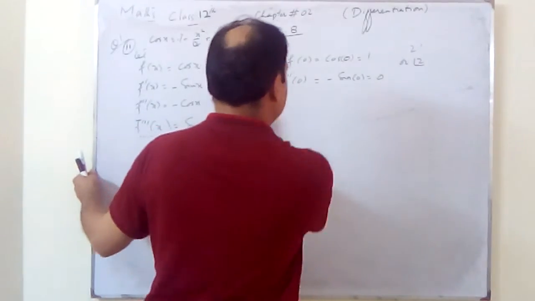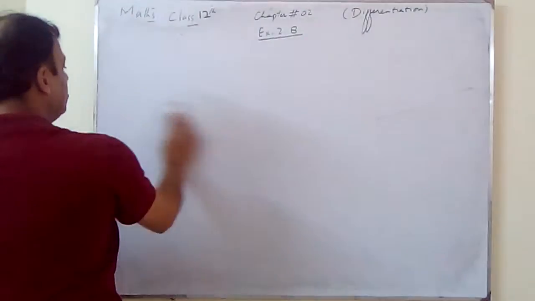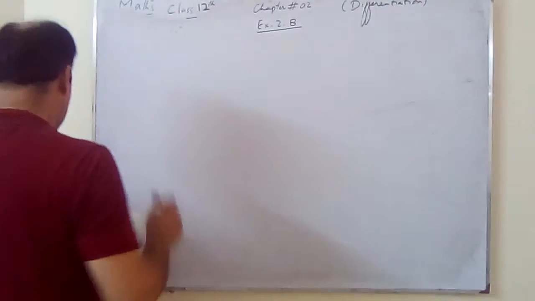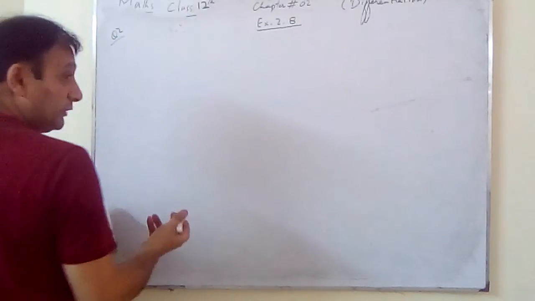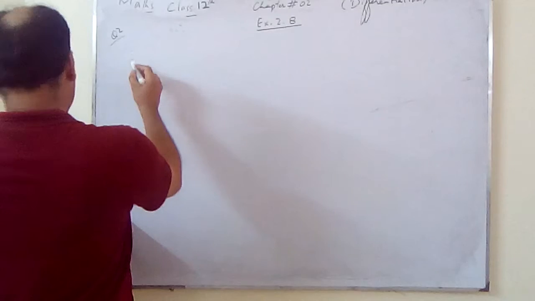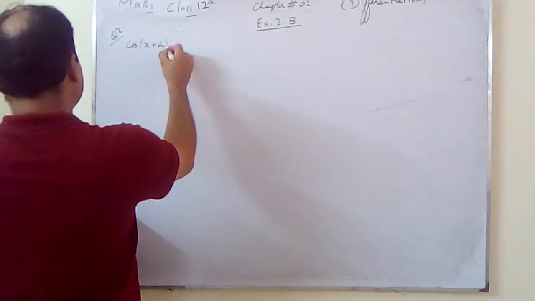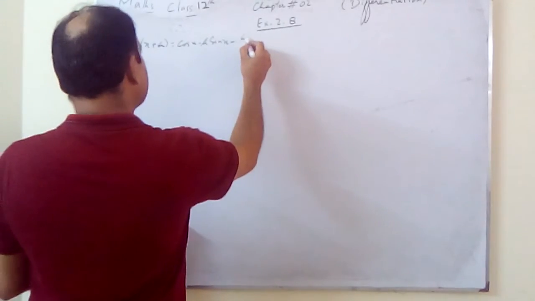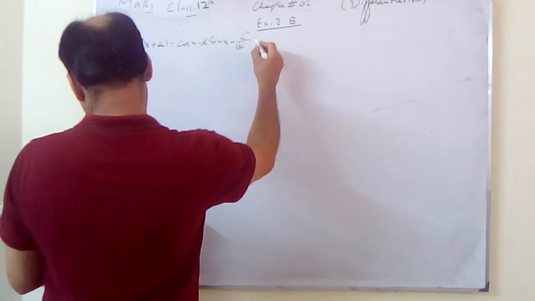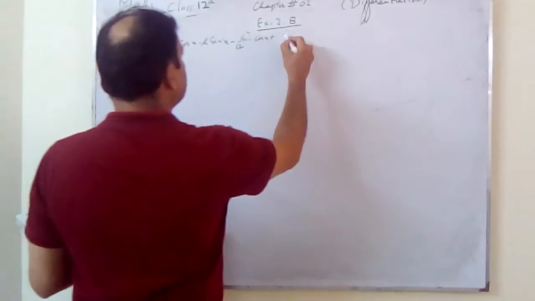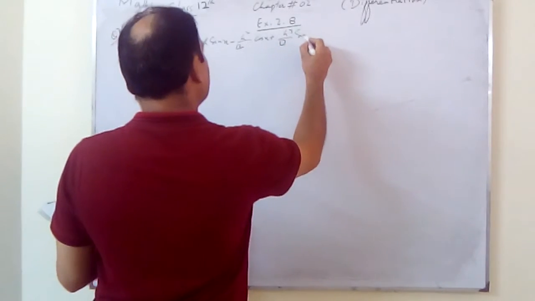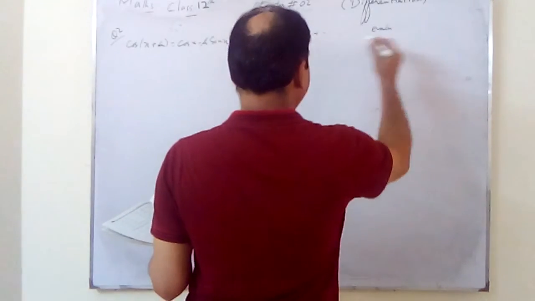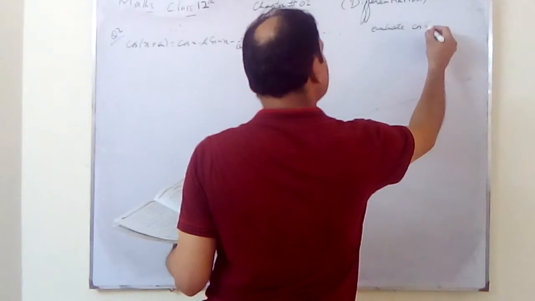Now I solve the second question. Question number 2, he is saying show that cos of x plus h is equal to cos x minus h sin x minus h square by 2 factorial cos x plus h cube by 3 factorial sin x plus so on, and then evaluate cos 61 degree.